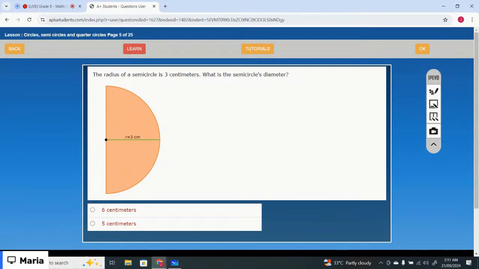The radius of the circle is 3 centimeters. What is the semicircle's diameter? So which is the correct option?